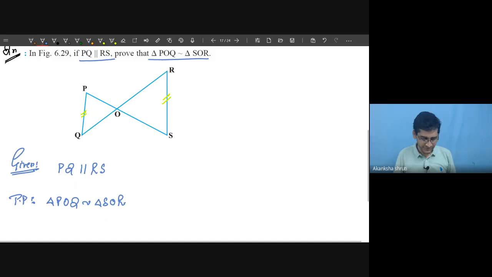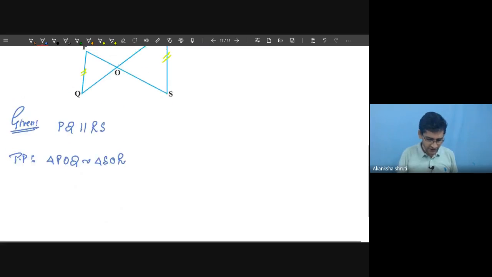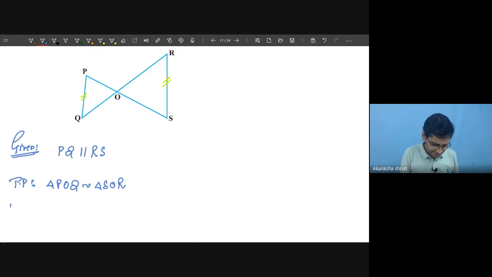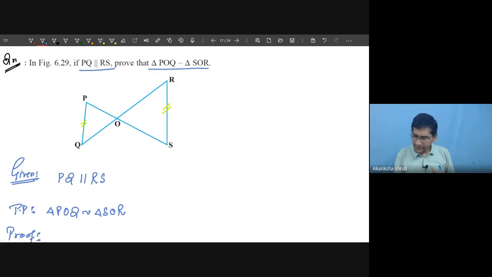Student, let us continue with the proving. So the parallel condition is given, and whatever triangles we are observing, we have to write side by side, and try to fit into the similarity criteria.